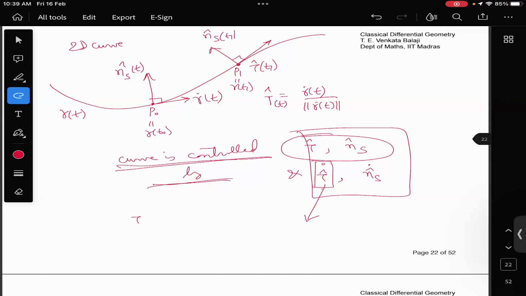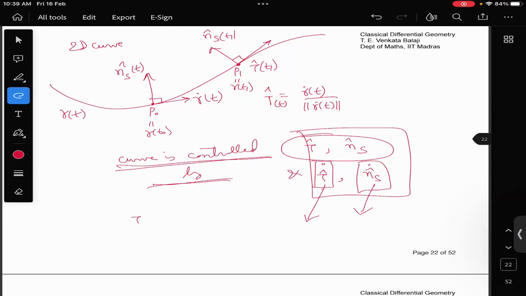In this case, they are not only linearly independent, they are unit length and orthogonal. So any vector on that plane can be broken down into T cap and N cap components. So you should be able to break down T cap dot in terms of T cap and N cap. Similarly, you should be able to break down N cap dot also in terms of T cap and N cap.